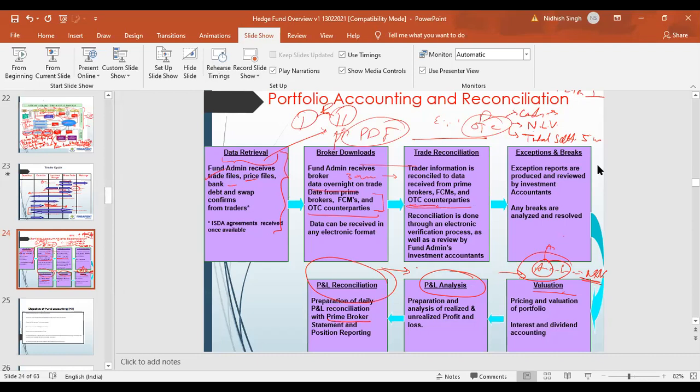Not completely, but the automated recs will be more efficient as a process, especially in the hedge fund world, where you need daily NAVs. And if it allows daily redemptions and subscriptions, then it's even more critical that the P&L analysis and all the information is accurate.